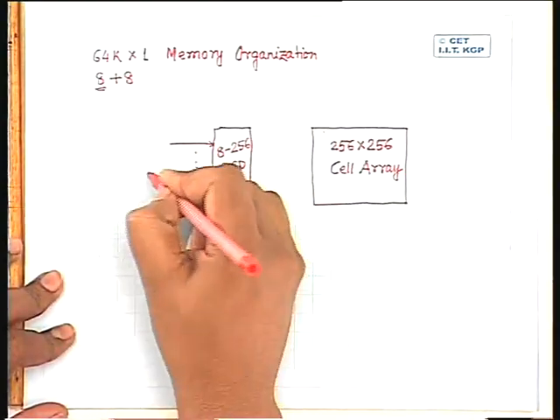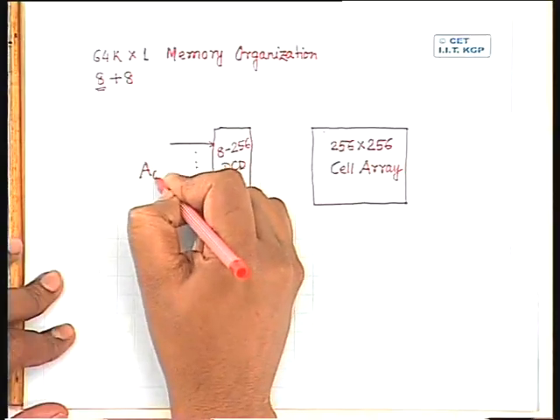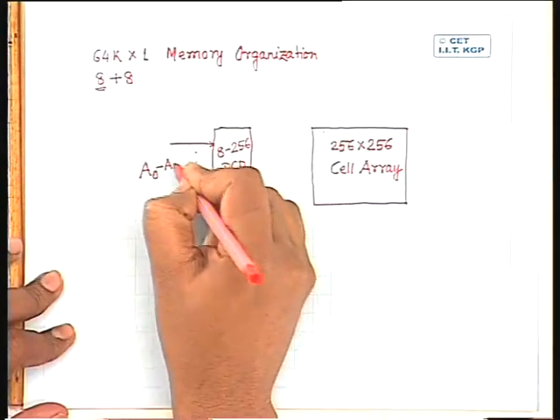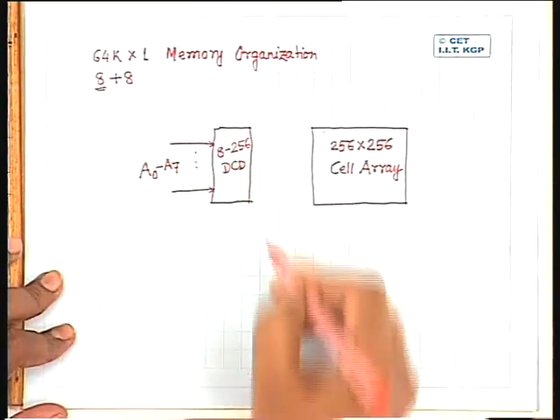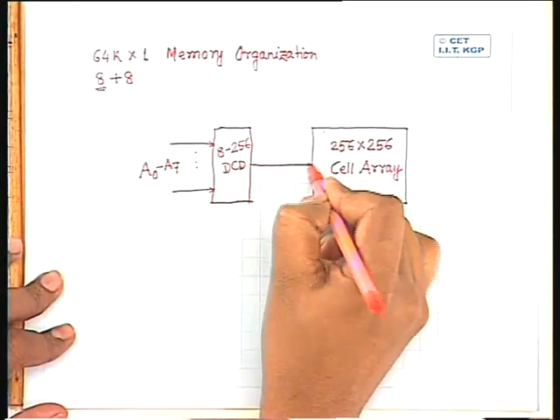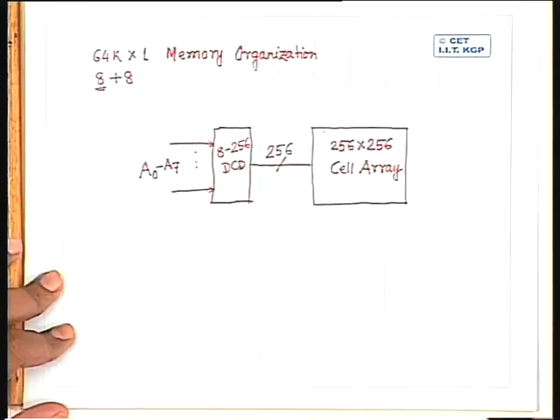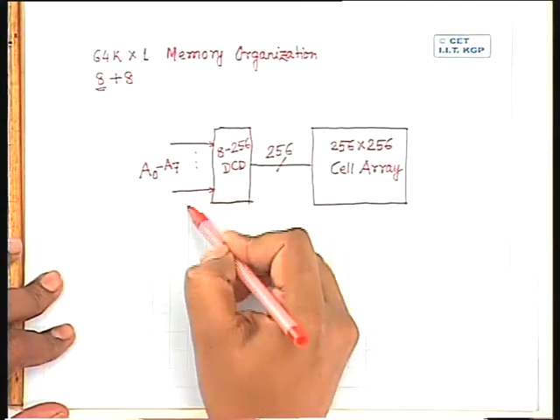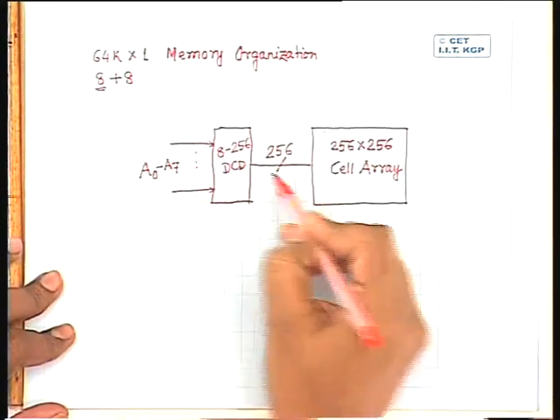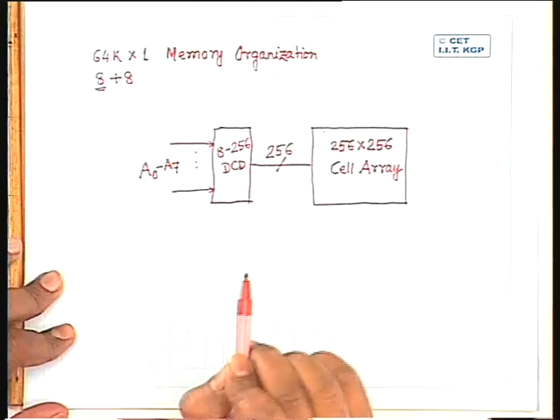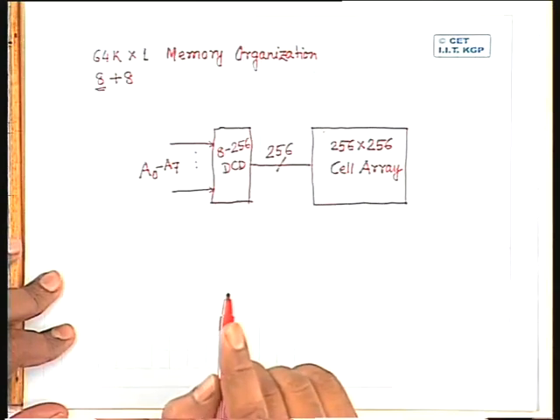Let me mark them as address lines A0 to A7. The decoder has 256 output lines. Depending upon the bit combination on these 8 inputs, one of these 256 output lines will be active, right?